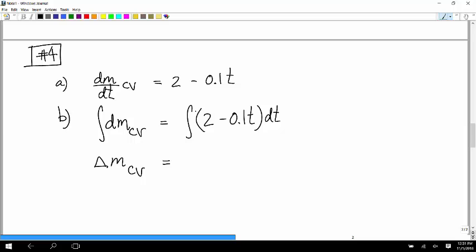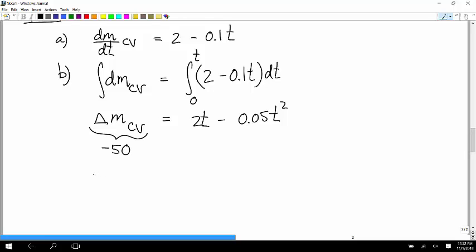Integrate this one, and you can do it from 0 to t. Really, technically, I should put dummy variables in here, but I think you know what I'm talking about. So this is 2t minus 0.05 t squared. And the change in m, if you're going from 50 kilograms to 0 kilograms, is equal to negative 50.